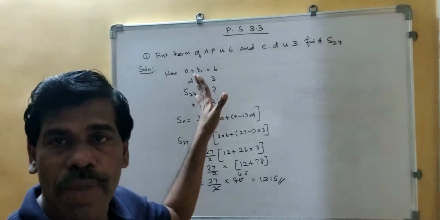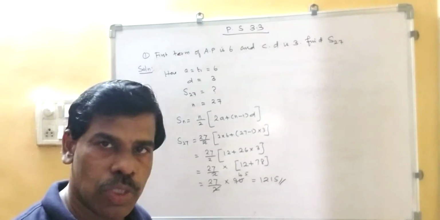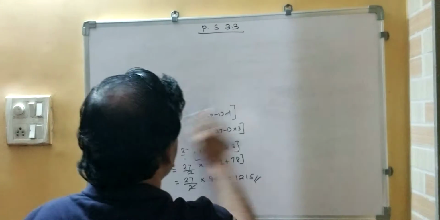So in this way you can find out the sum of the terms of the AP. Now next one, the second one, we will do quickly.